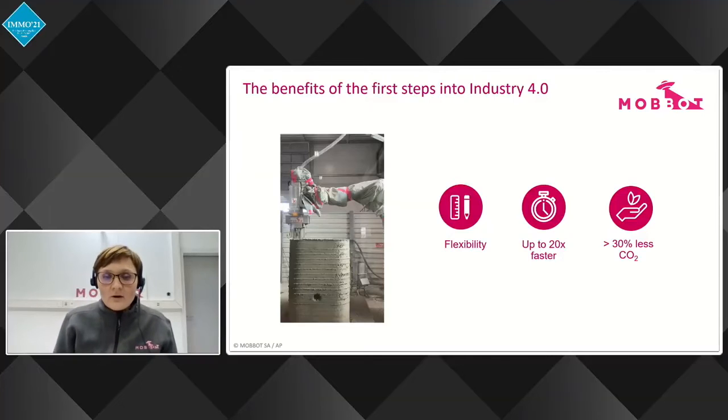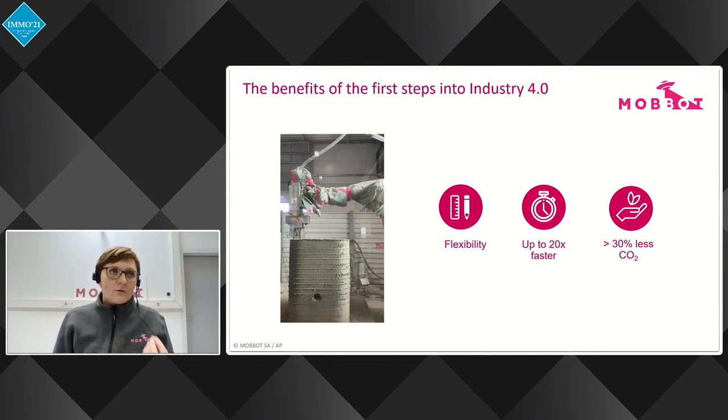So we have now partnered with precast players, concrete manufacturers here in Switzerland, that are equipped with our robots and can produce mass customized products for utility products. For them, it's really the first step into digital fabrication or Industry 4.0.